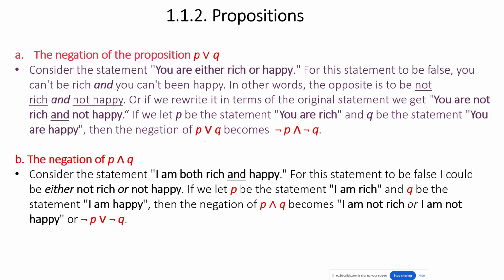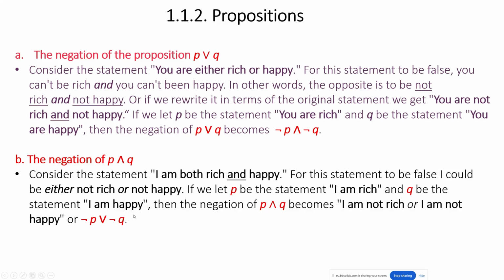The negation of this is this, and the same thing, the negation of this is this. So the and becomes the or, and the or becomes the and. And of course you have to negate all the propositions as well.